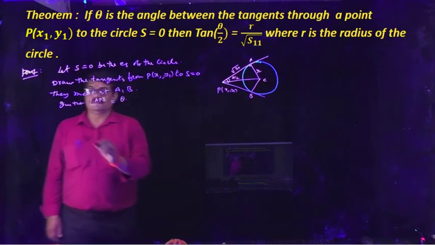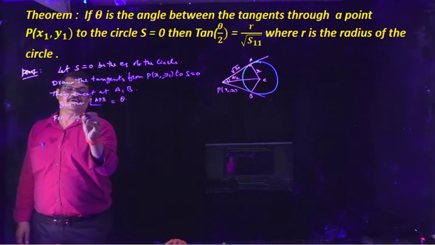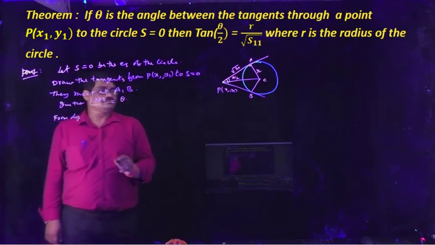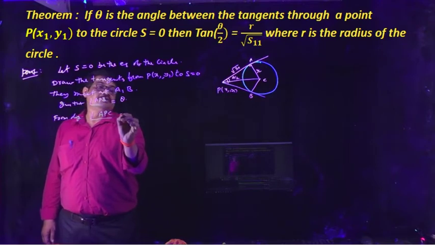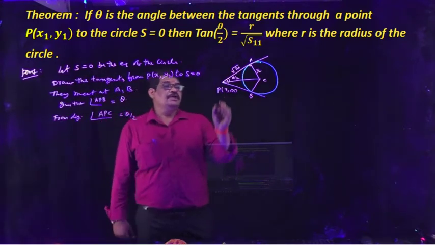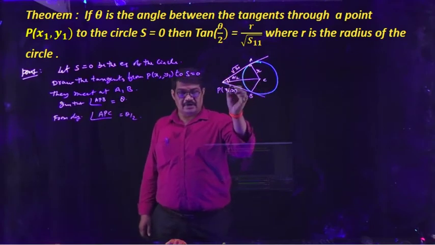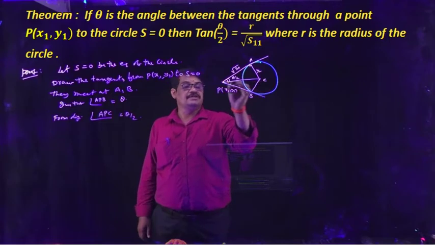From the diagram, here PC bisects the angle between the pair of tangents, so angle APC is theta by 2.